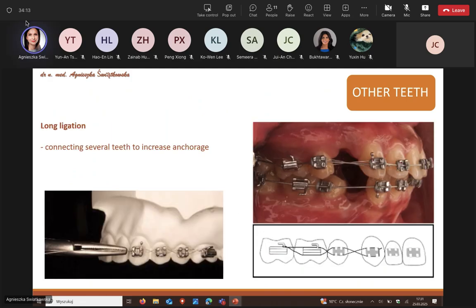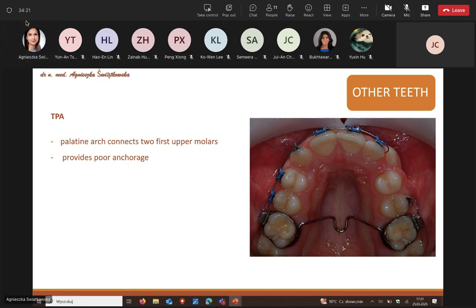Long ligation. So to reinforce anchorage, we can connect more teeth together. TPA. This is also anchorage in one arch, so we connect both first molars. But remember, this kind of anchorage is only moderate anchorage.